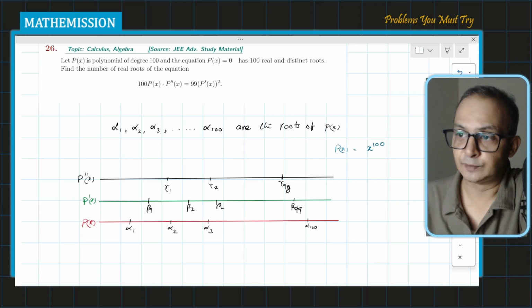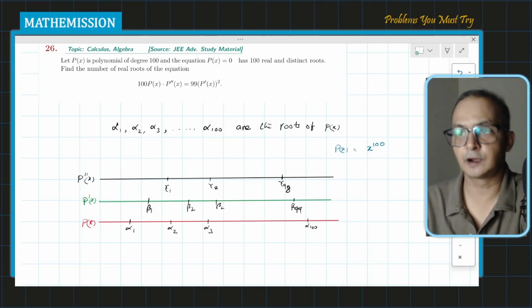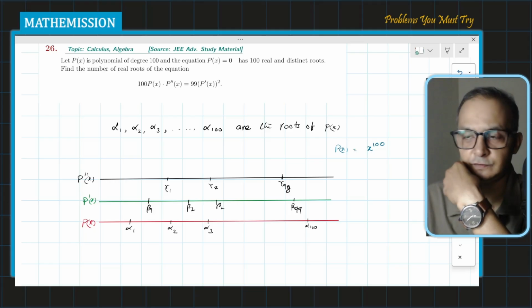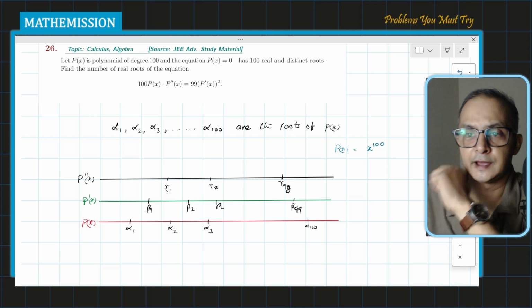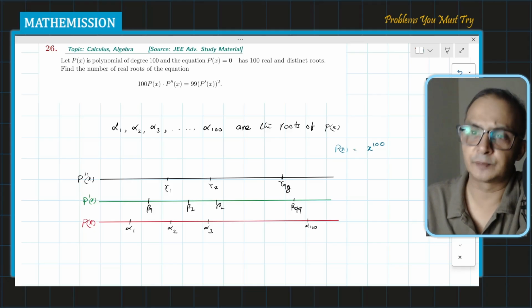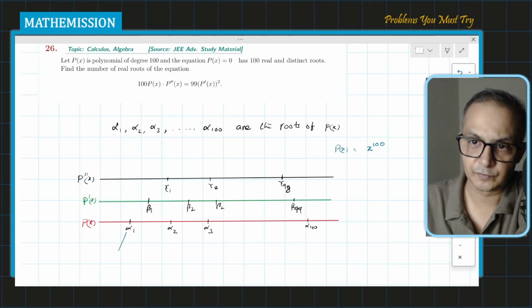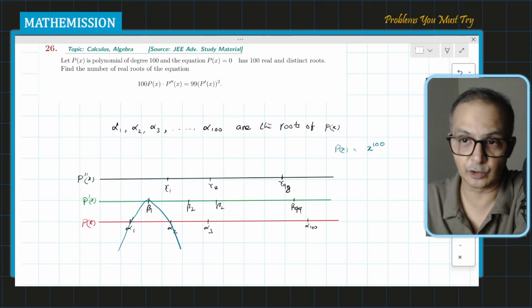Now, notice what is happening. The idea is very simple. Suppose I try to draw a graph considering that the coefficient of x to the power 100, the leading coefficient, is positive, and in that way the graph may look like this. The function goes in this way, hitting the first root, and at beta 1 it gets its maximum value because p dash x is going to be 0 at beta 1.